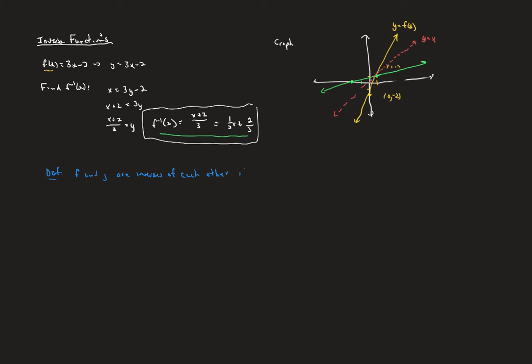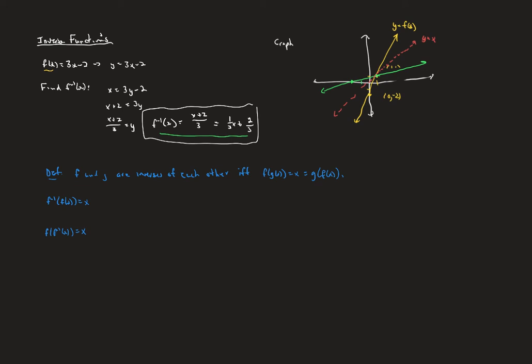And then we say if and only if, which can be abbreviated this way, f of g of x equals x, and g of f of x equals x. That is, they have to undo each other. So what must be true then is that f inverse of f of x must equal x, and f of f inverse of x must also equal x if these are inverses.